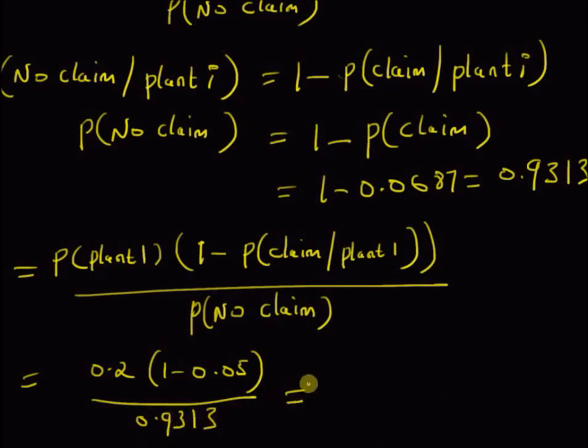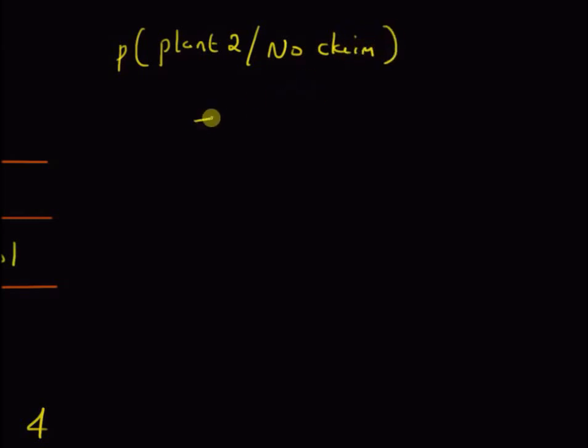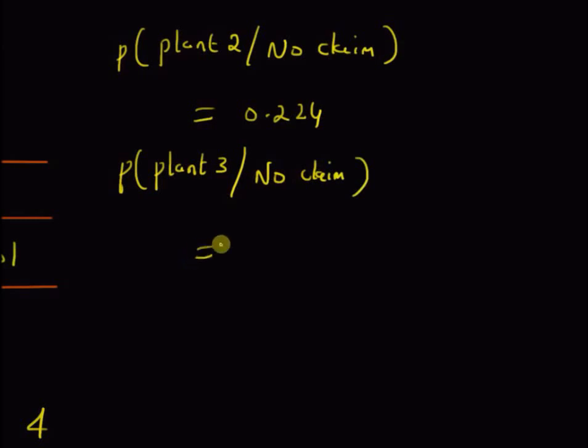So this should be equal to 0.2034. Now by following a similar logic, we can calculate the probabilities of plant 2 given that a claim is not made. The probability of plant 2 given no claim is equal to 0.224, and the probability of plant 3 given no claim is equal to 0.261.